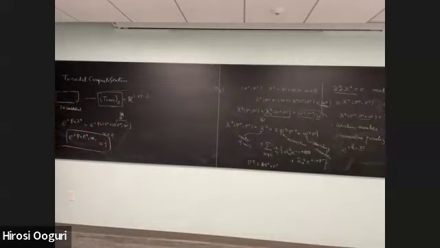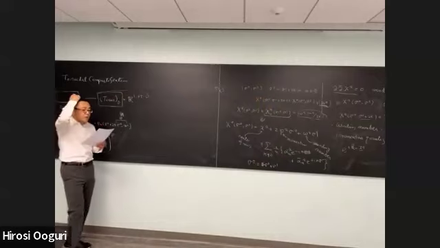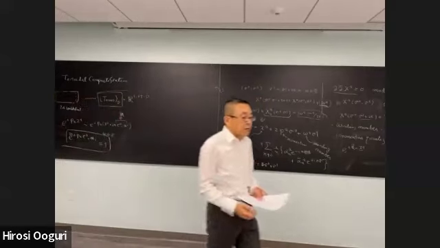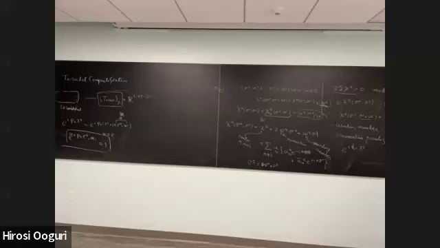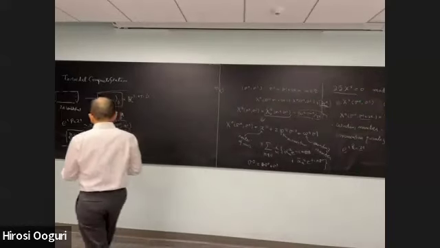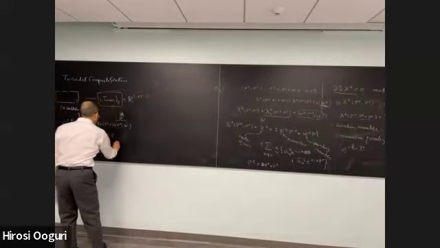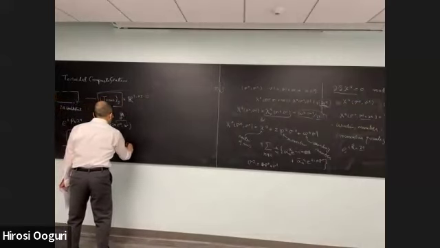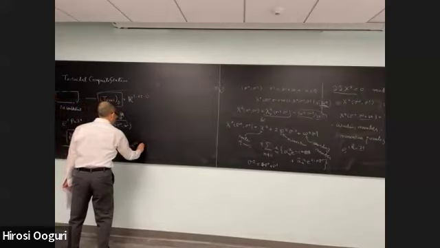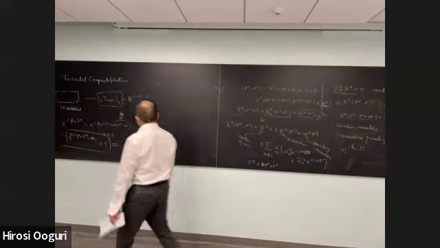Okay. This is possible. There is a 2 pi. This is possible if and only if P times E is an integer. Namely, this is possible only if PA EAI is an integer.